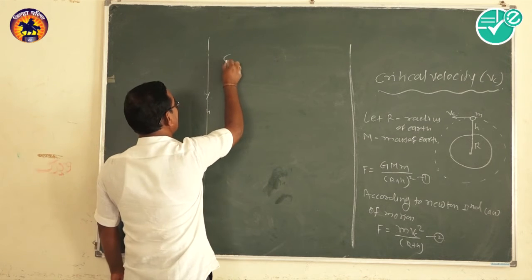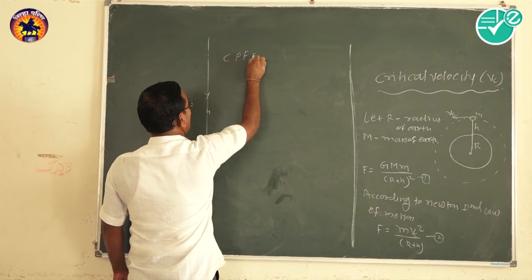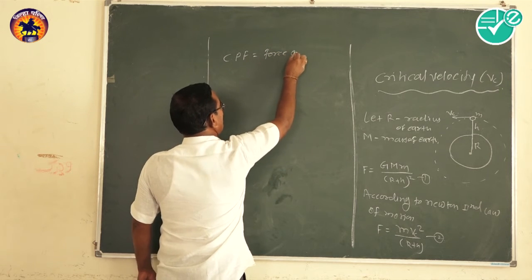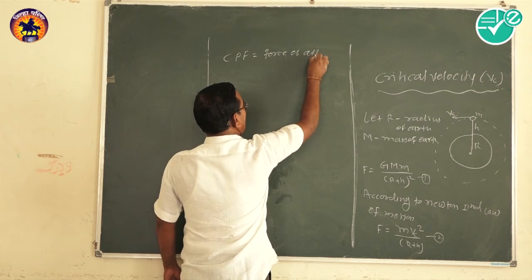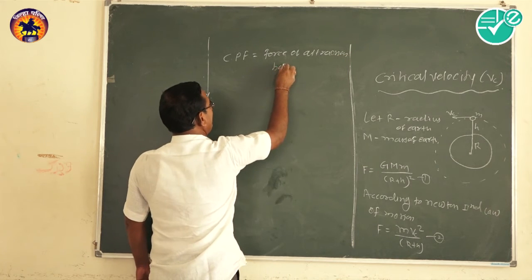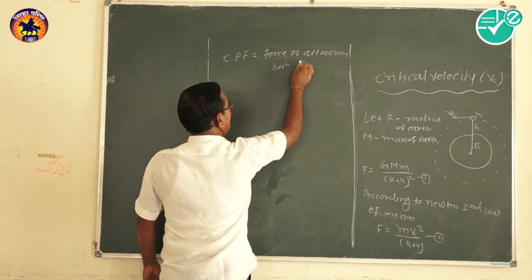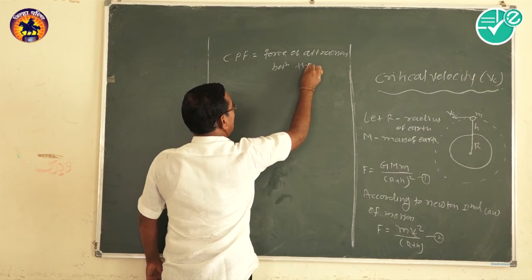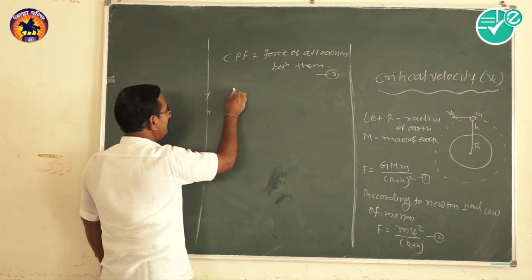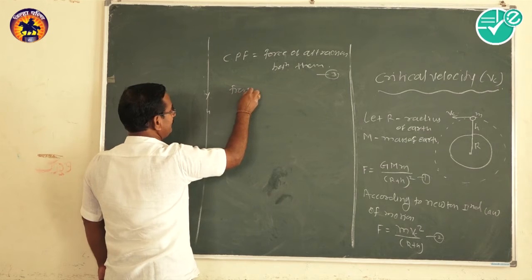So the centripetal force is equal to the force of attraction between them. That is equation 3.